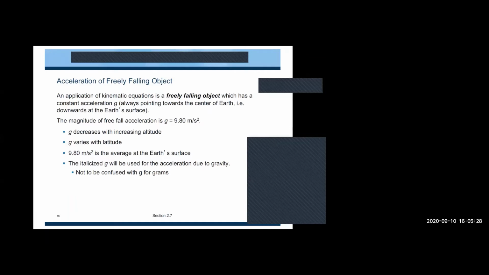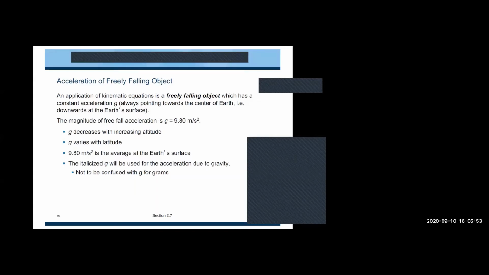Some of the important types of questions involve, for example, calculating the motion of freely falling objects. We could do that because whenever the object is falling freely, it is under the acceleration of the gravitational field.